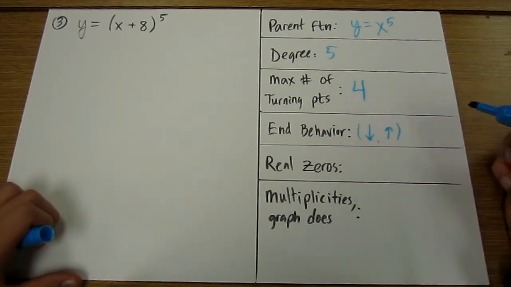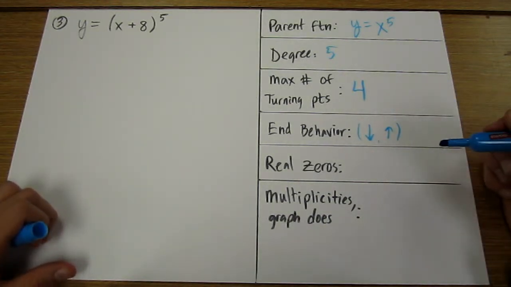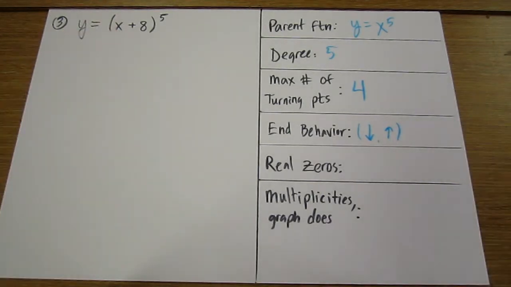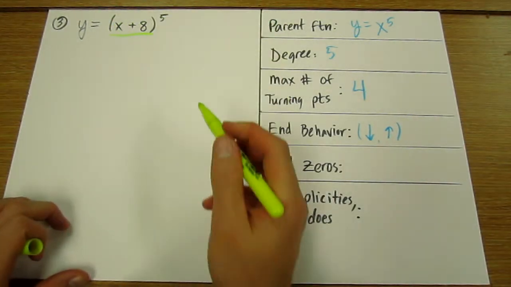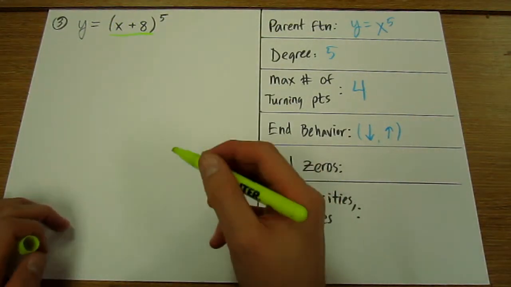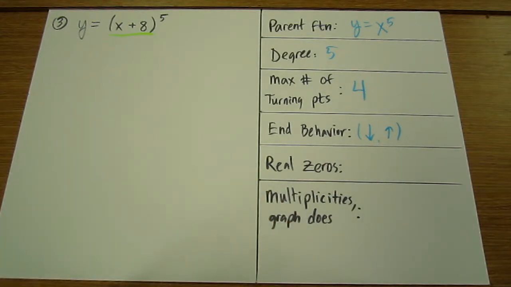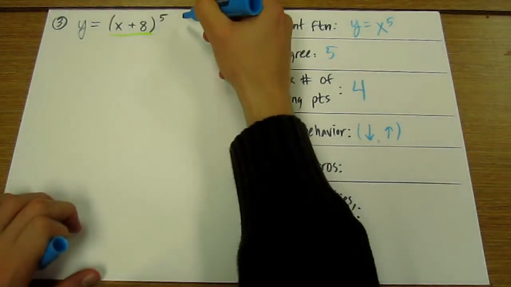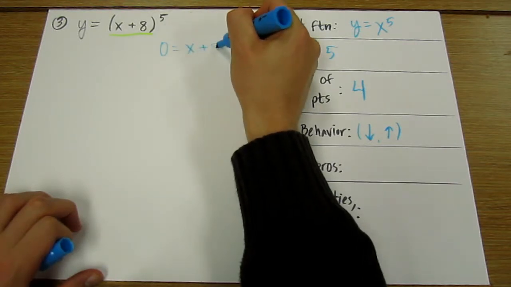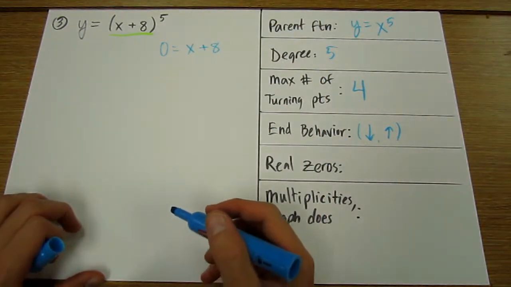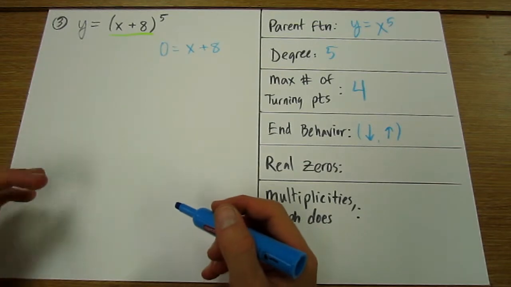Okay? Our real zeros, this is new, comes from our factor up here. So our factor is this x plus 8, and what we have to do to get our real zeros is set that equal to 0. So we will have 0 equals x plus 8, very similar to what we did with parabolas and quadratic functions.